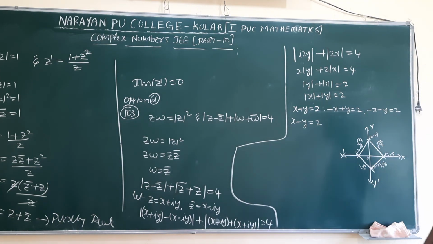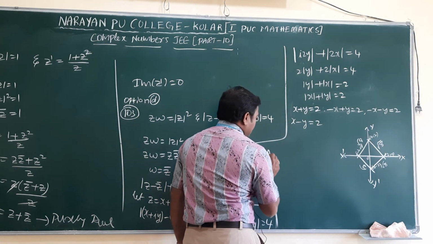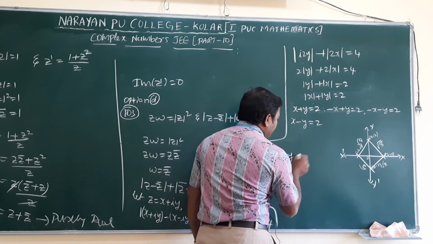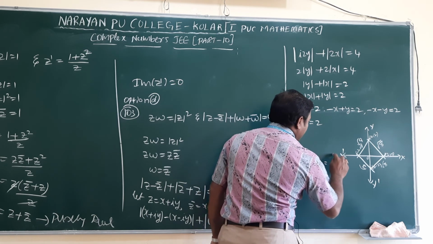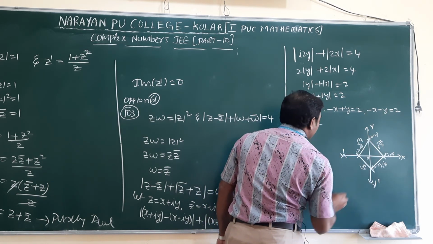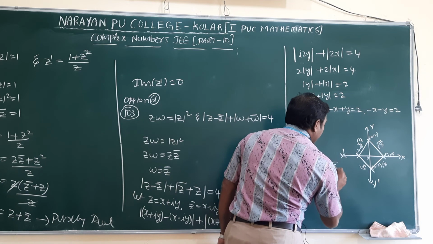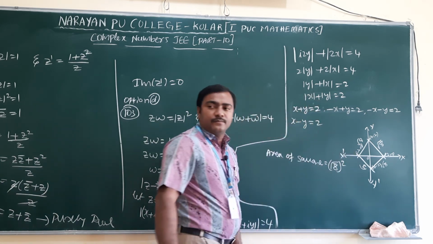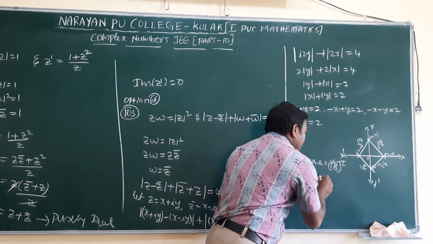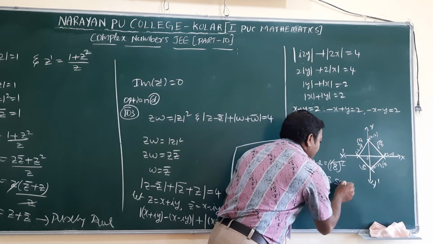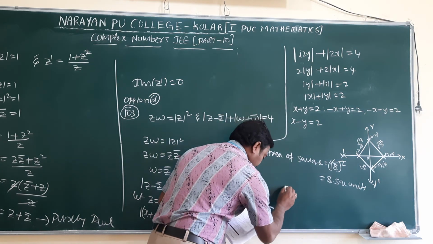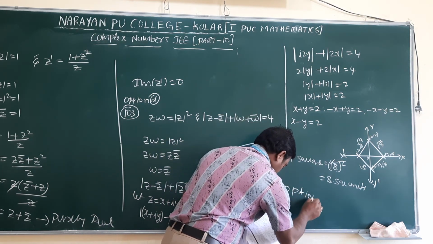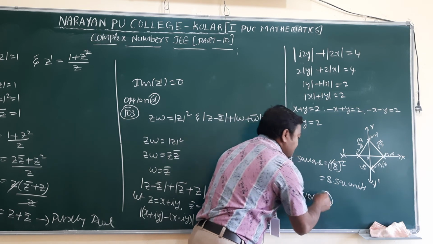Then the area of the square is side square, which is root 8 whole square. The square root cancels, and we are getting 8 square units. Here option B is the correct option.